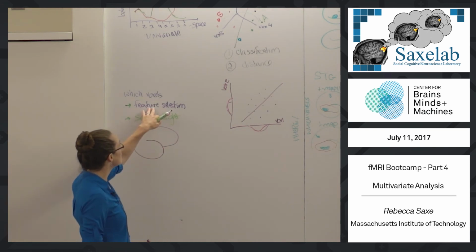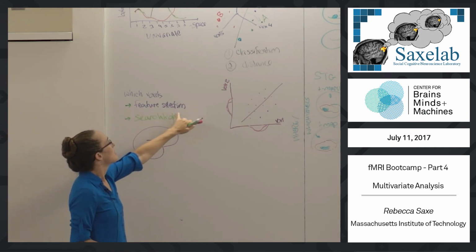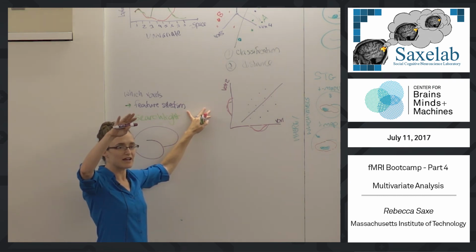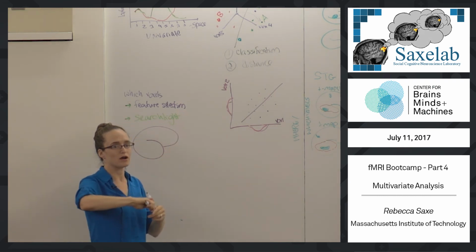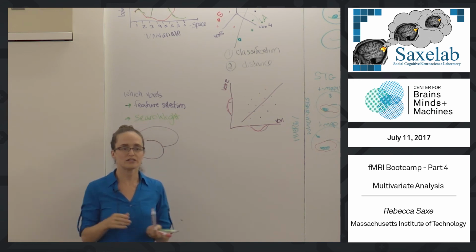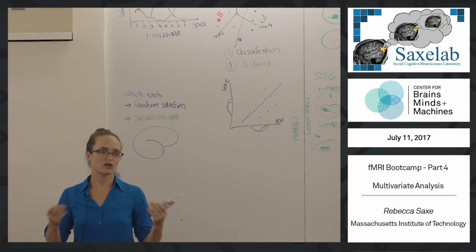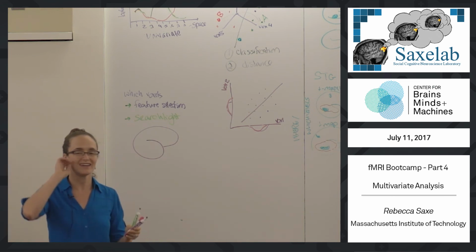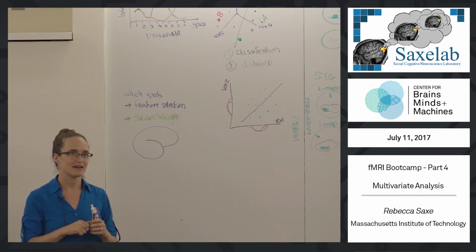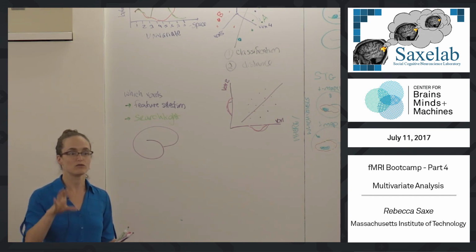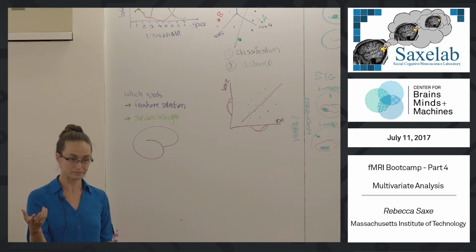Okay, so feature selection is the word in multivariate analysis for the where or which voxels question. So the question that was called picking your ROI, or which region are you studying. When cognitive neuroscientists invented the vocabulary, we called it region of interest identification.